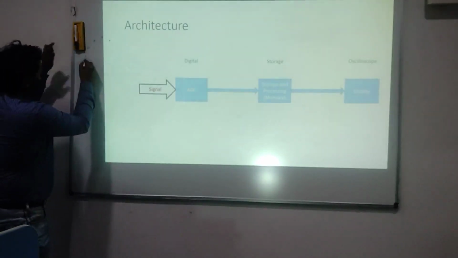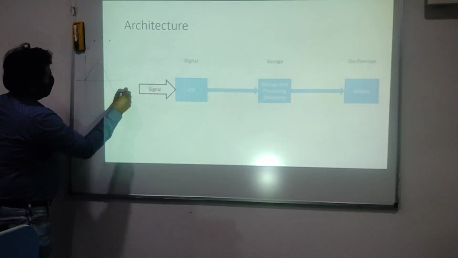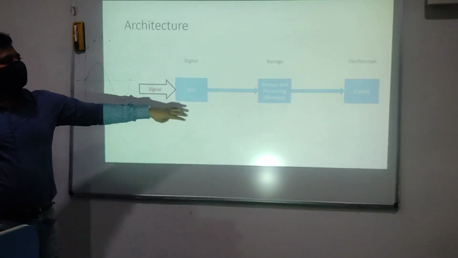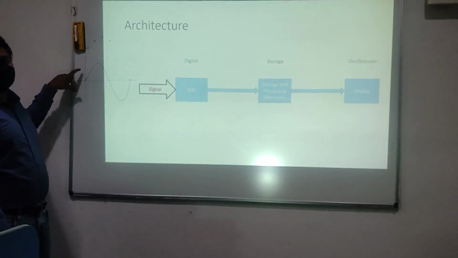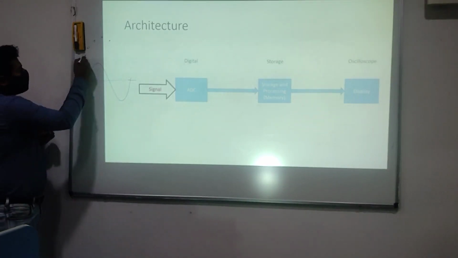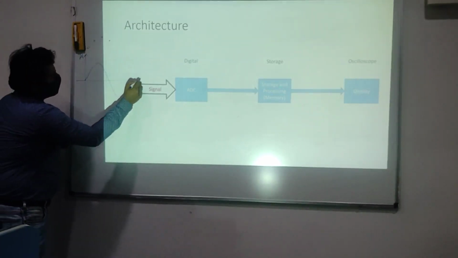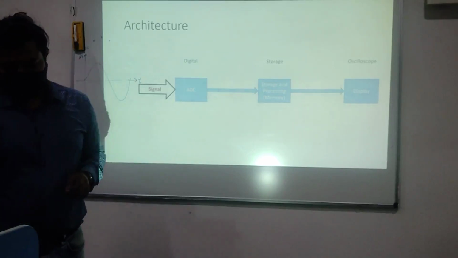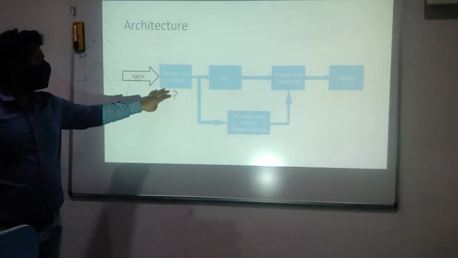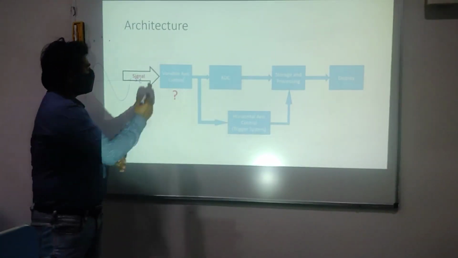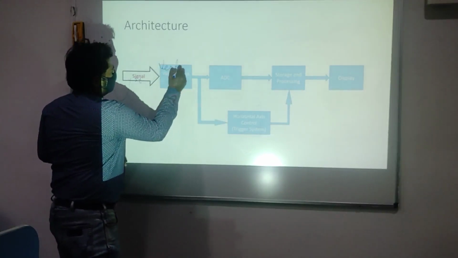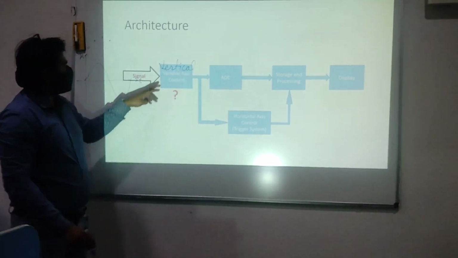This could be the complete architecture, but here I am adding just one more thing. We have amplitude and time here. So additionally let us add these two things. Vertical, this is not the saved one.